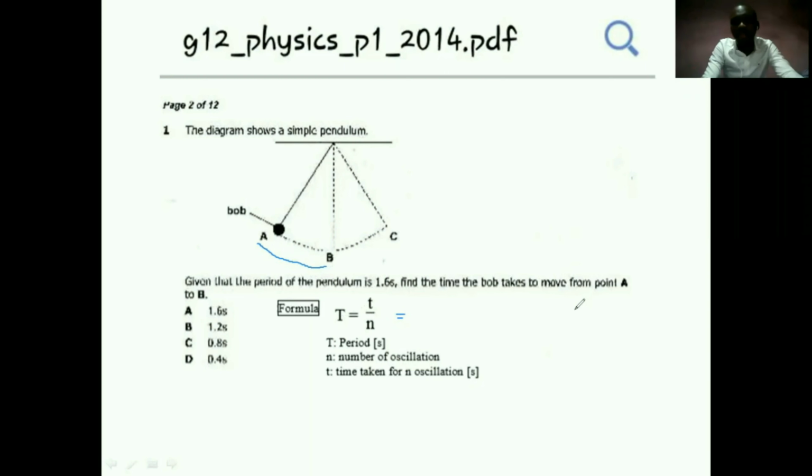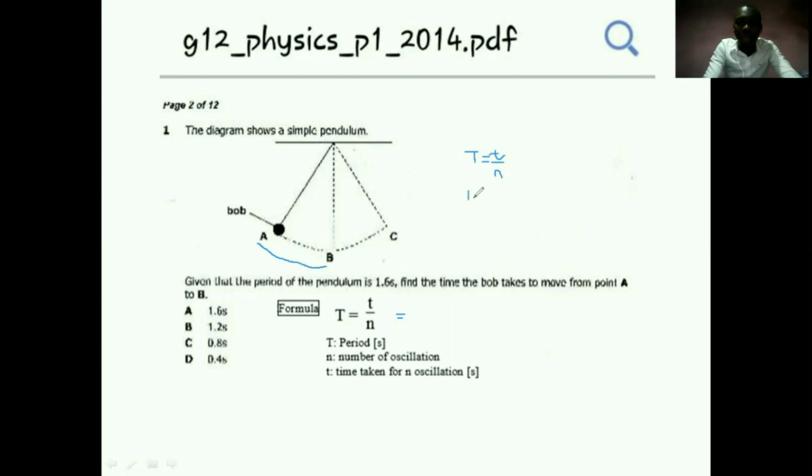The period is already given. Let me write it down on top here. Period is equal to time over number of oscillations.